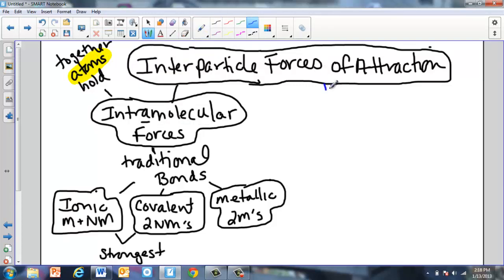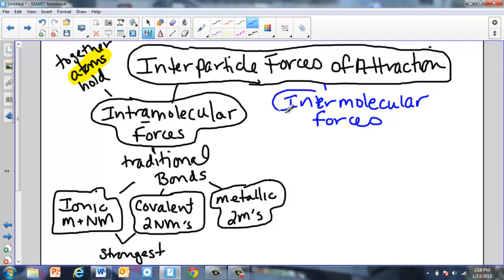All right, so now if we come over on the other side, instead of intramolecular, we're going to have intermolecular. And you probably have more space on your paper, and that's probably a good thing. So I've got intermolecular forces.